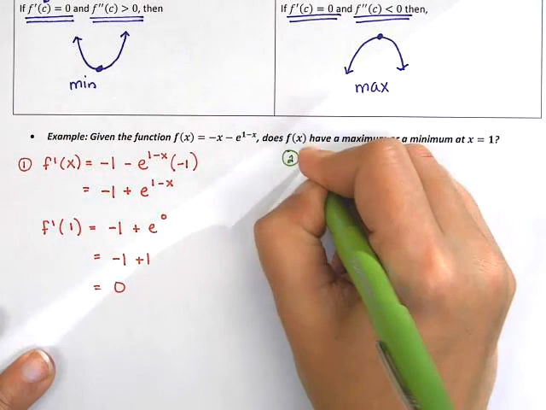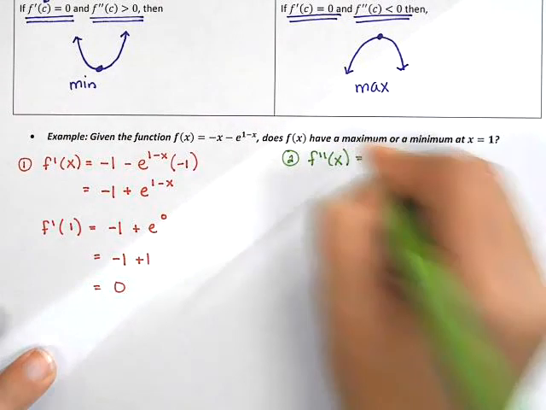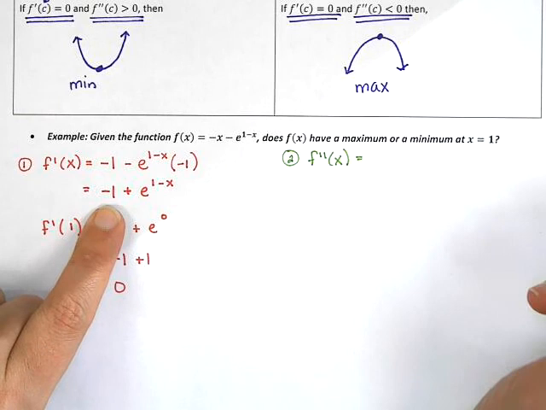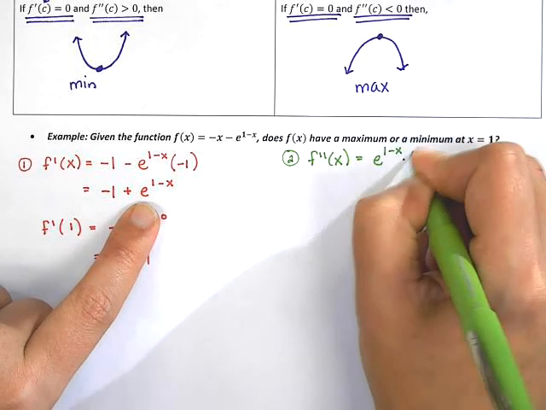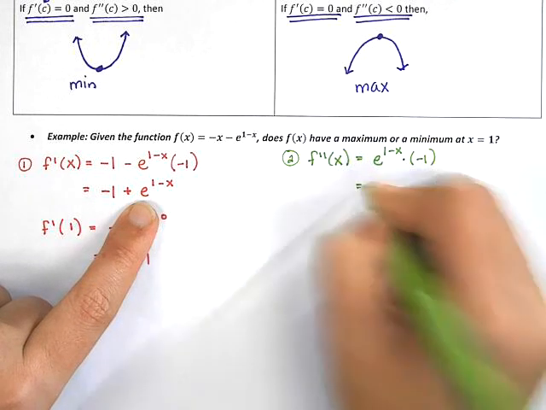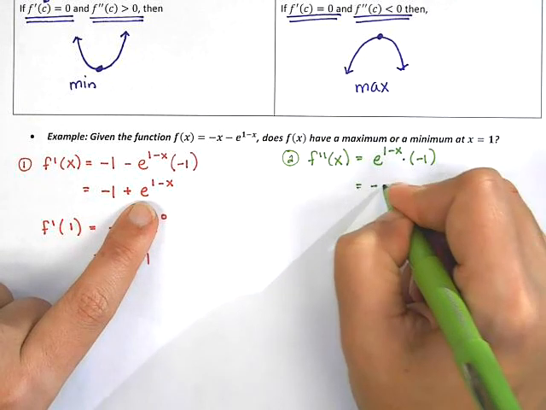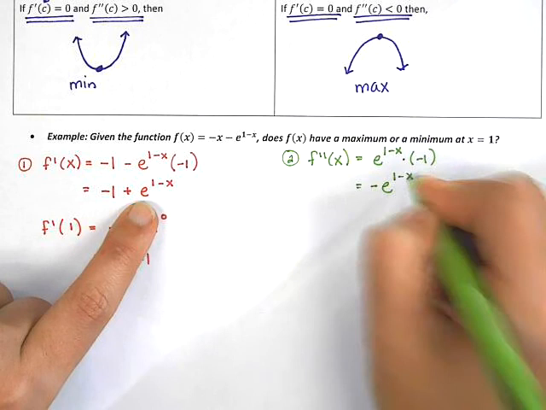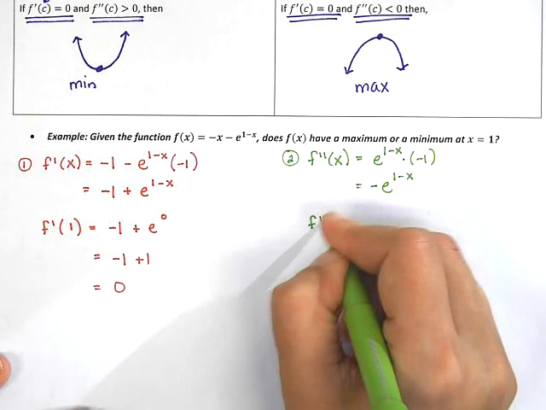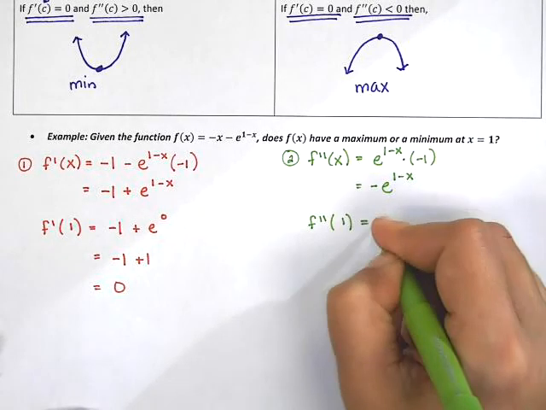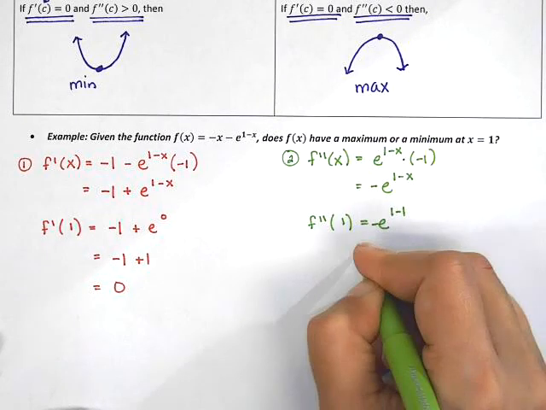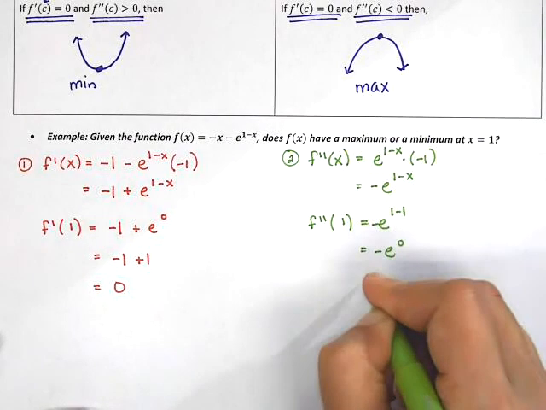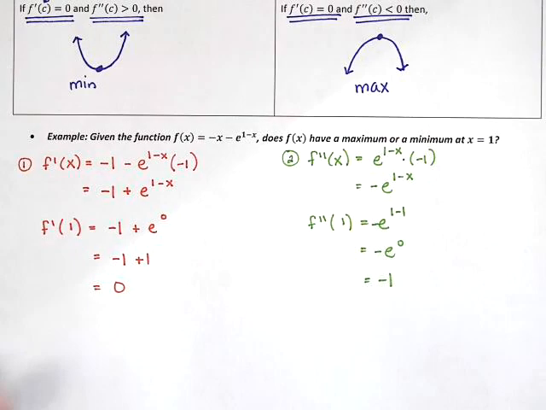If I calculate the second derivative of this, the derivative of negative 1 is 0. The derivative of e to the something is e to the something, but times negative 1 because there's a chain rule. So I have negative e to the 1 minus x. The value of the second derivative at 1 would be negative e to the 1 minus 1, which is negative e to the 0, which is negative 1.